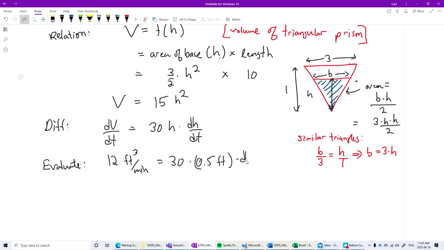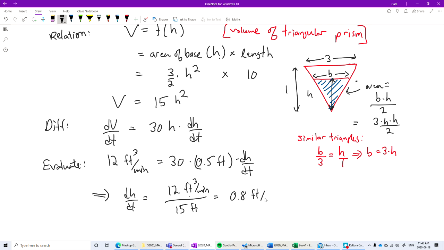So dh/dt is 12 divided by, what's 30 times a half? That would be 15, which is, I can probably do this one myself. That would be 4/5, which is 0.8 feet per minute.